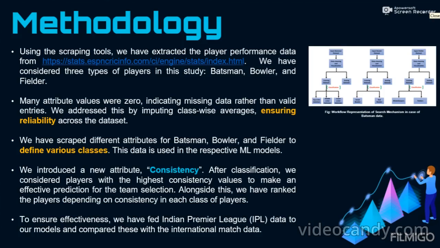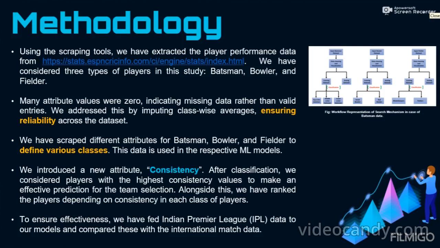For batsmen, it emphasizes scoring consistency, match experience, and ability to convert starts into big scores. For bowling, it considers workload, wicket-taking ability, and efficiency across matches. For wicketkeepers and fielders, it reflects active participation in dismissals and field presence.